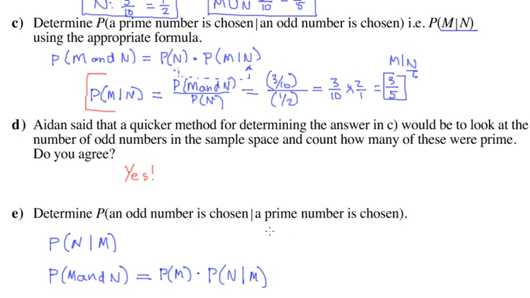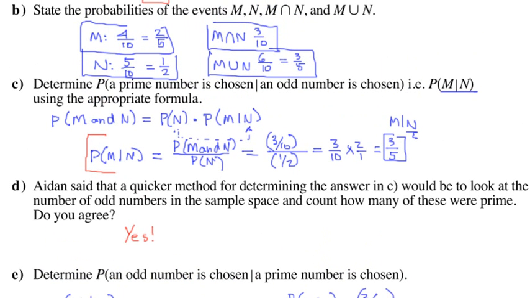We solve for that, and we get the probability of n given m is the probability of m and n, which we know is 3/10, over the probability of just m, which, let's see here, where did we leave that? The probability of just m is 2/5.